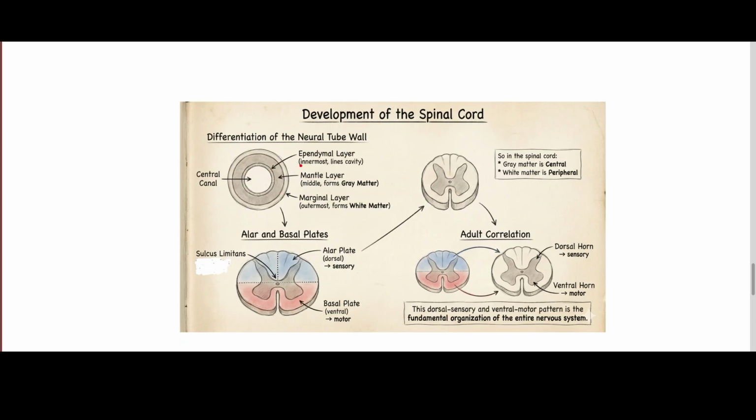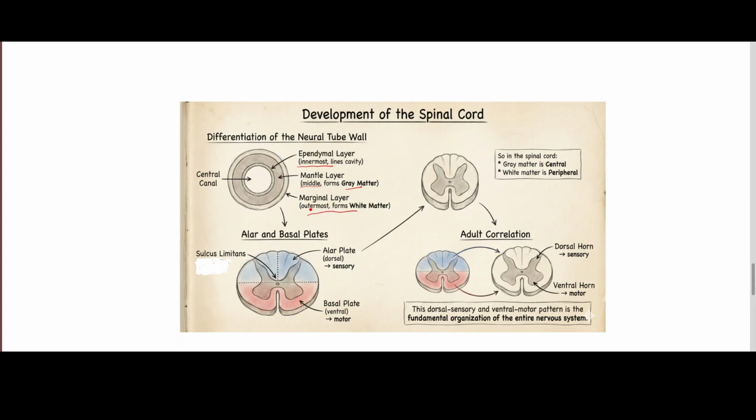Then we have the middle layer, the mantle layer, which forms the gray matter. And we have the outermost layer, which is the marginal layer, and it forms the white matter.